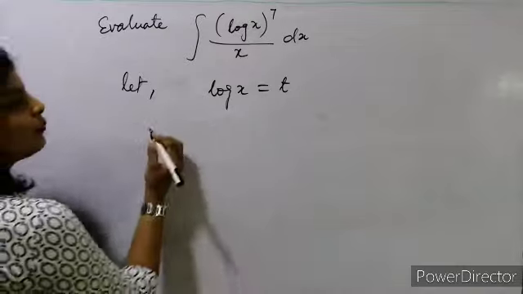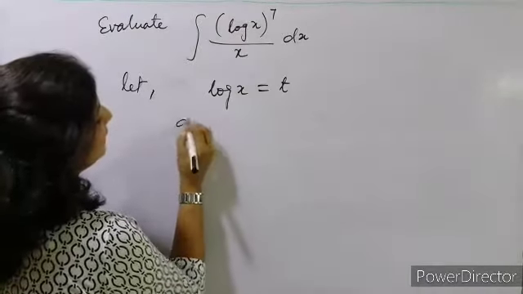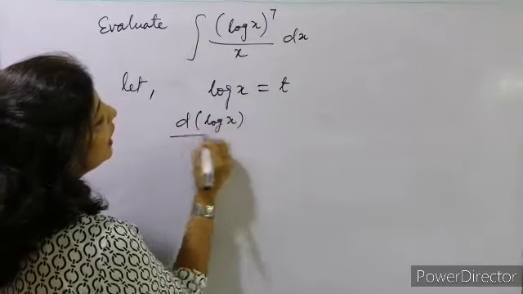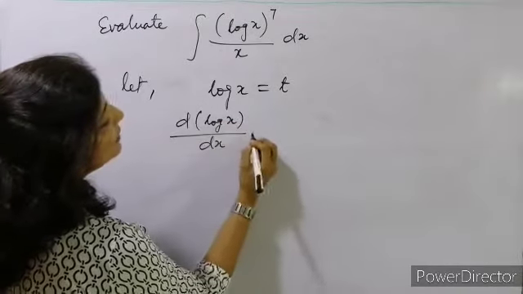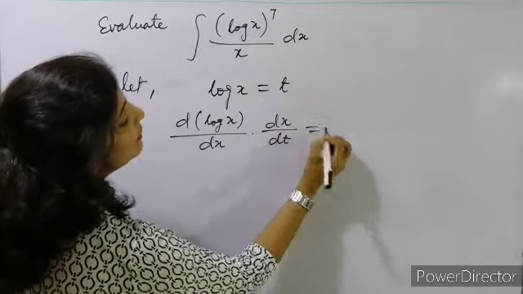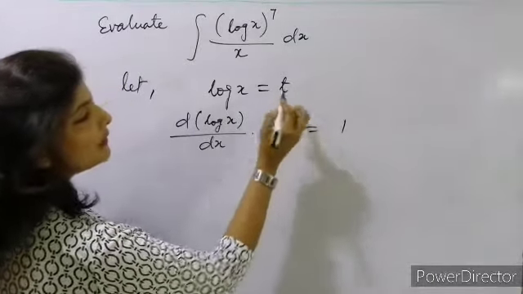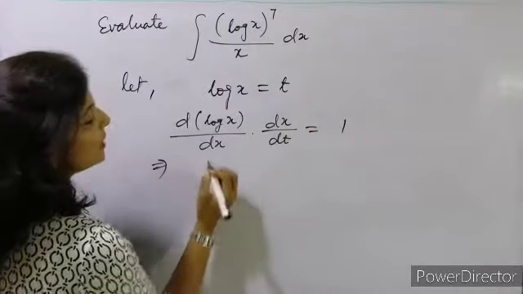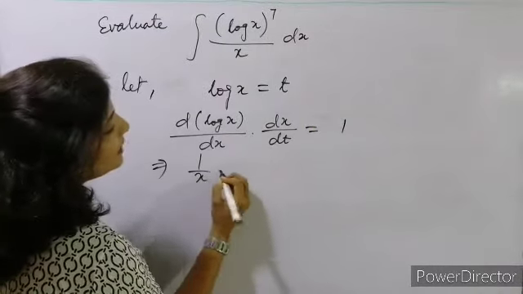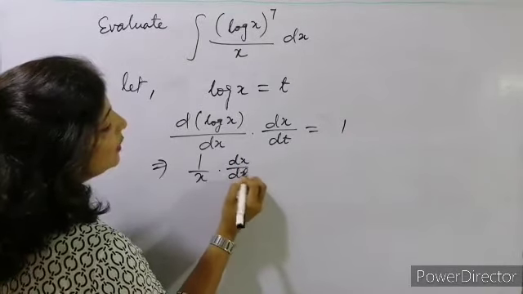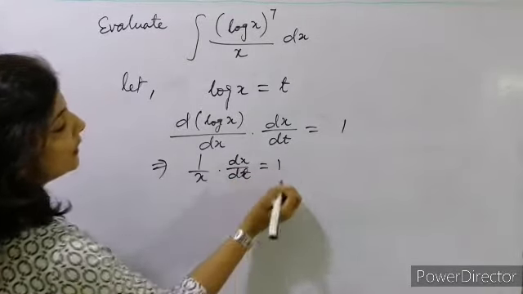Now differentiating both sides, what do we get? d log x upon dx multiplied by dx upon dt will be equal to 1, because when we differentiate t with respect to t, we get 1. So we get 1 upon x multiplied by dx upon dt is equal to 1.